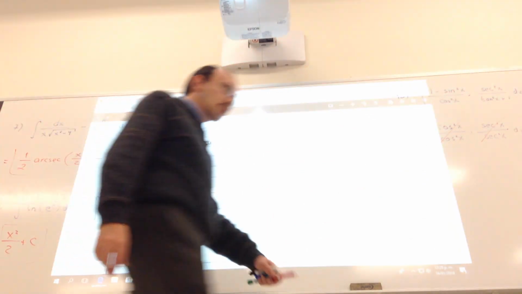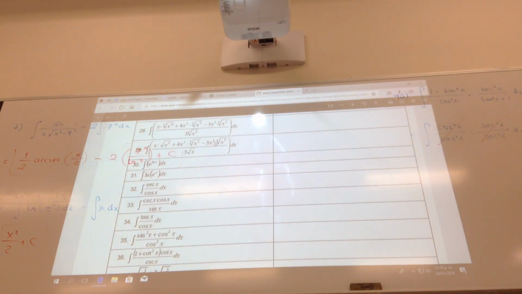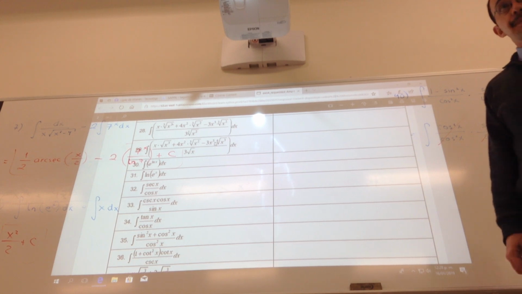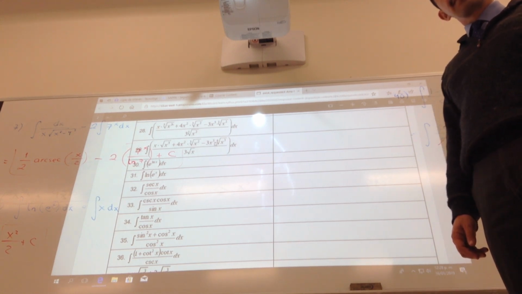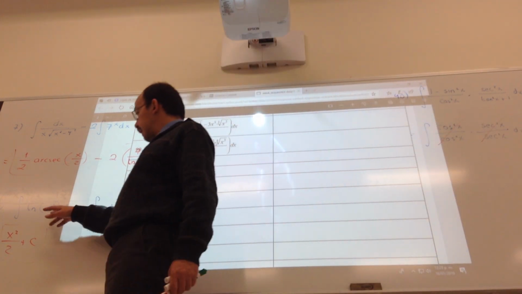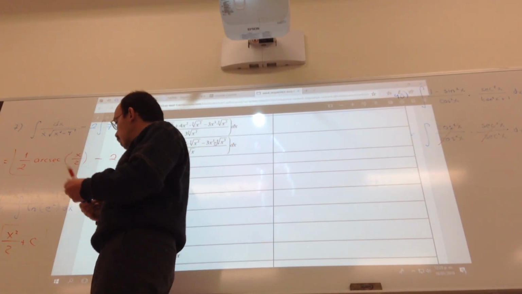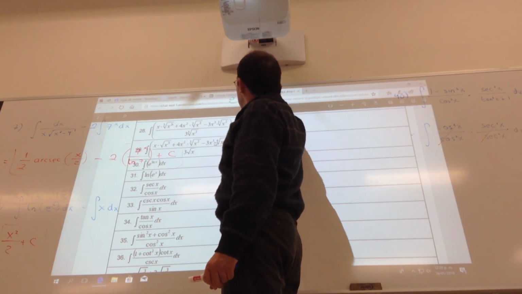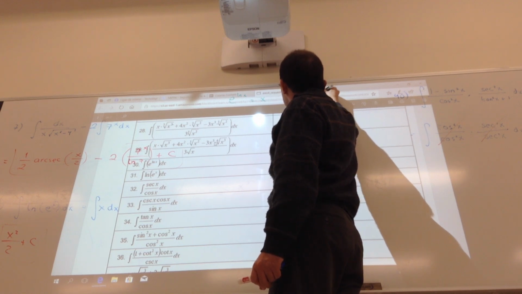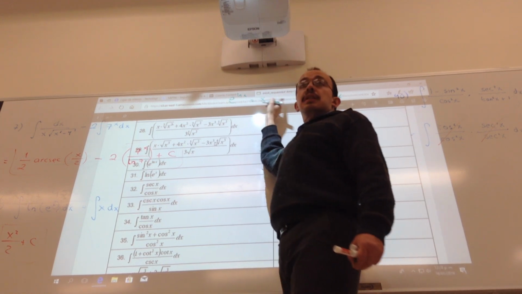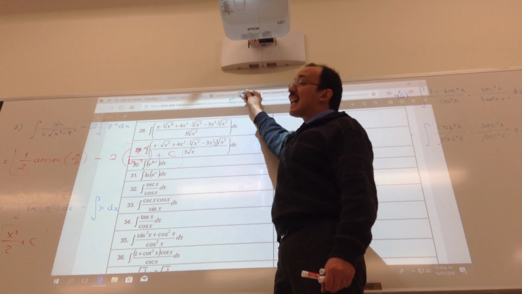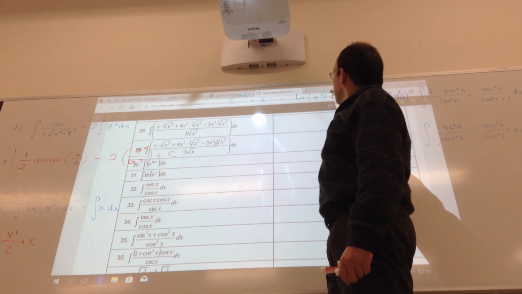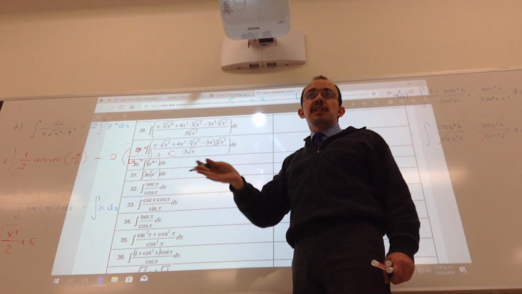Excelente. ¿Qué pasó acá? Always. So they're inverses. e to the ln of x, ln of e to the x, property of logarithms and exponentials, but they're inverses.